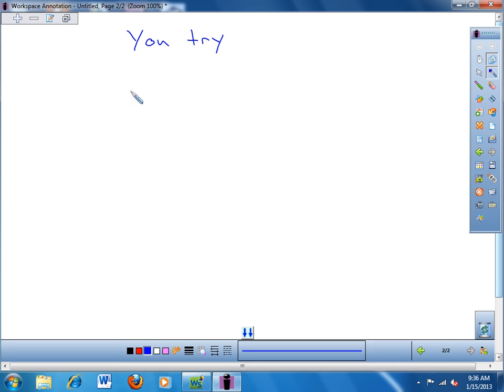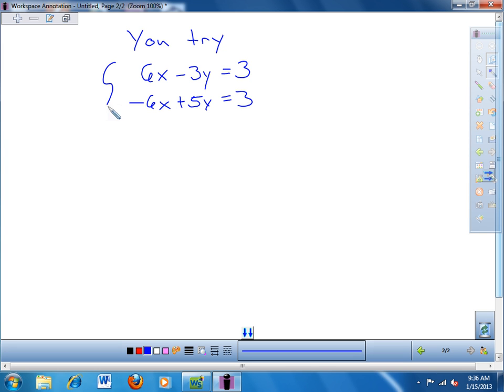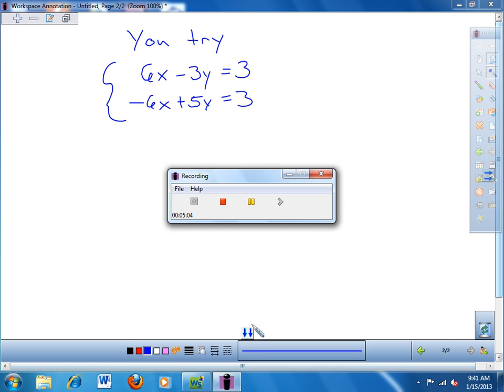I have 6x minus 3y equals 3, and then I have minus 6x plus 5y is also equal to 3, and I say solve the system. See if you can come up with an answer.